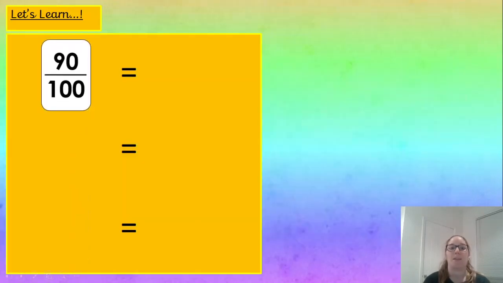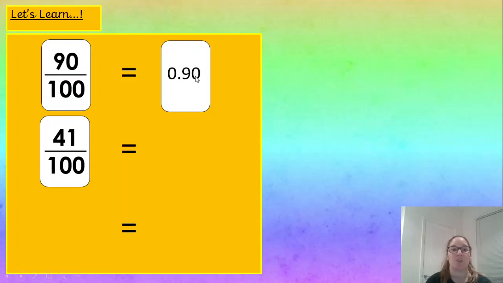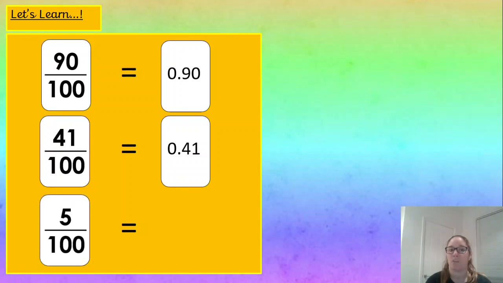Okay, so we know that 90 over 100, so 90 hundredths, is the same as 0.90, or we could say 0.9. I'm just putting the 0 there to remind you, but we don't need it. We know that 41 hundredths is 0.41. So what's 5 hundredths?